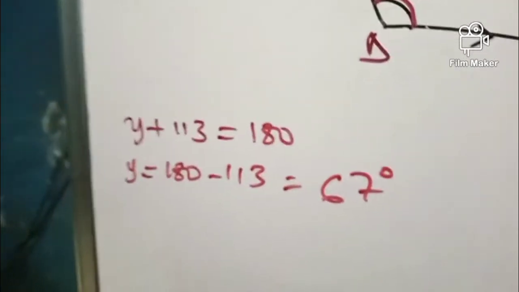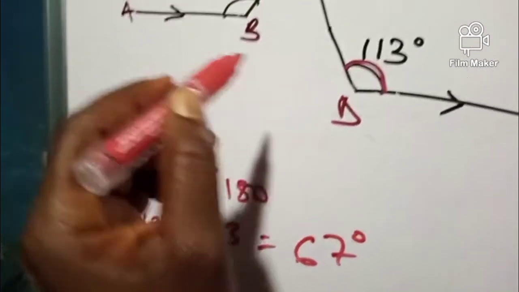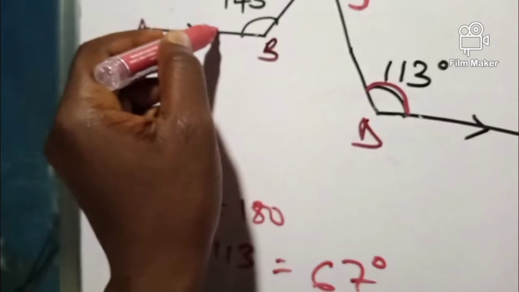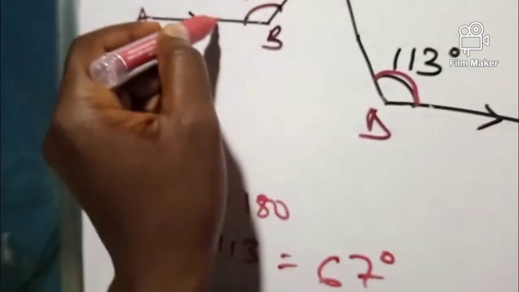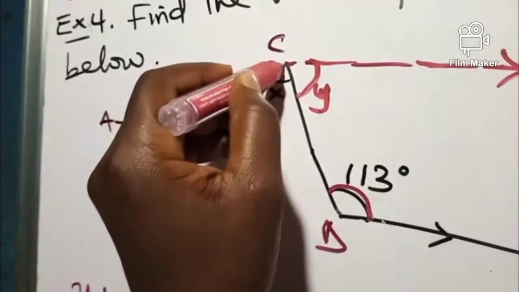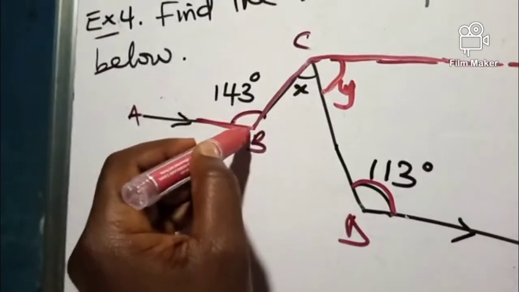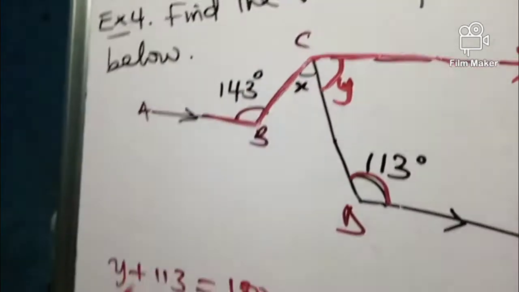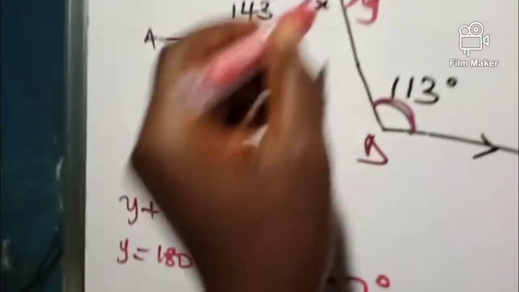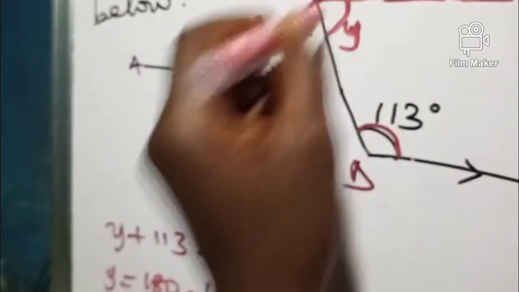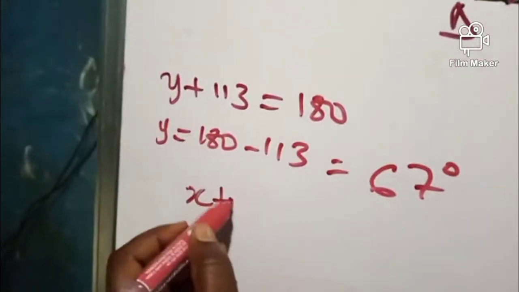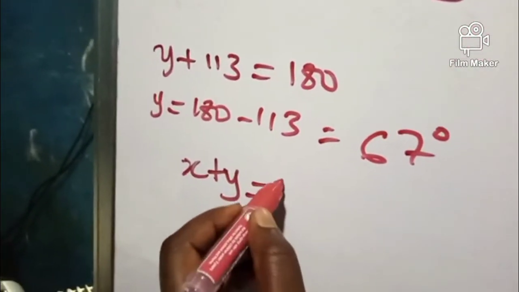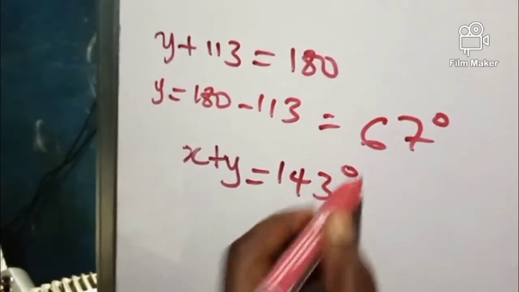So if Y is 67 degrees, now this angle here forms a Z with this angle. You can see it. That means the total angle here, which is X plus Y, is equal to 143 degrees.